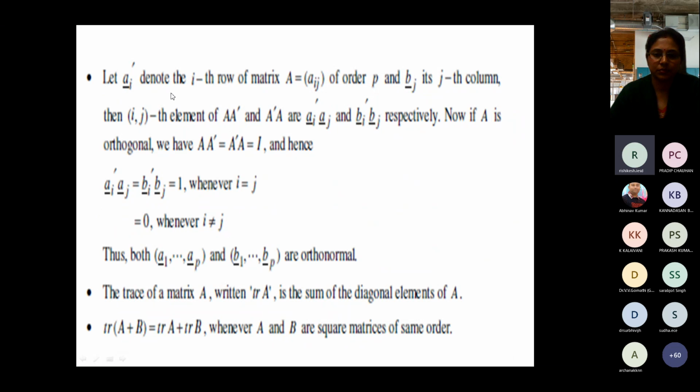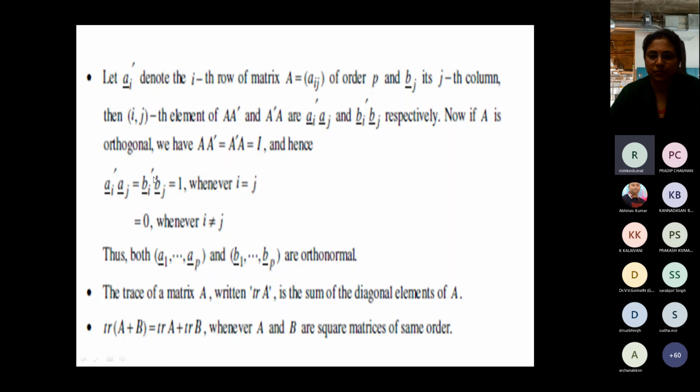Let a_i' denote the ith row of matrix A = (a_ij) of order p, and b_j its jth column. Then the ijth elements of AA' and A'A are a_i'a_j and b_i'b_j respectively.